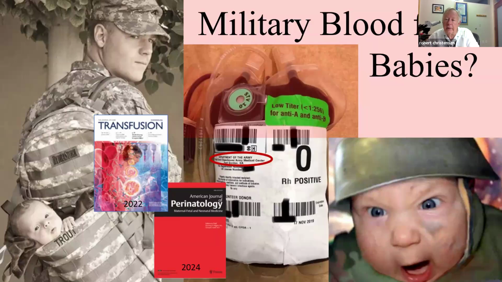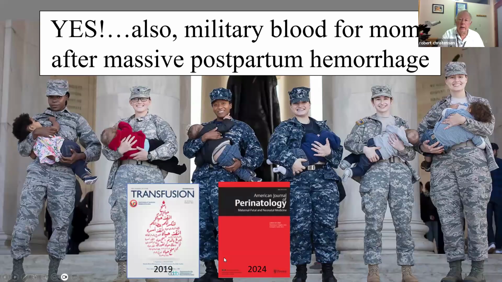So this thing that started as military blood, and we sometimes still call military blood, we're going to give that to babies? Yes, indeed we are. The first one we used was in 2022 for a baby with acute massive hemorrhage. We've done a series since, and it is now our standard treatment for acute blood loss.